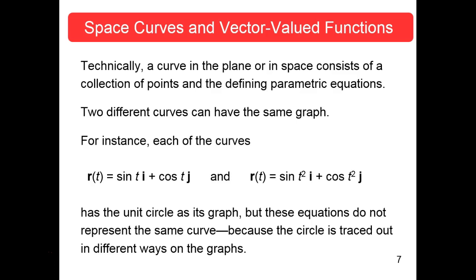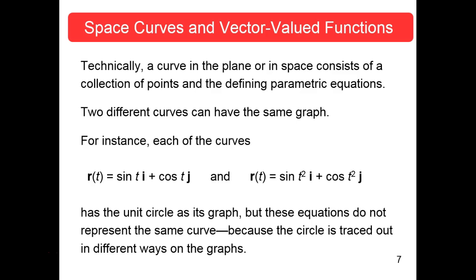Okay? That will be a circle. This will be sine of t squared i plus cosine of t squared j. Both of these are unit circles as a graph, but the equations do not represent the same curve because the circle is traced in different ways on the graph.